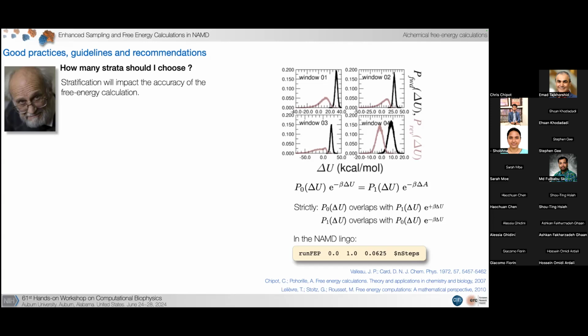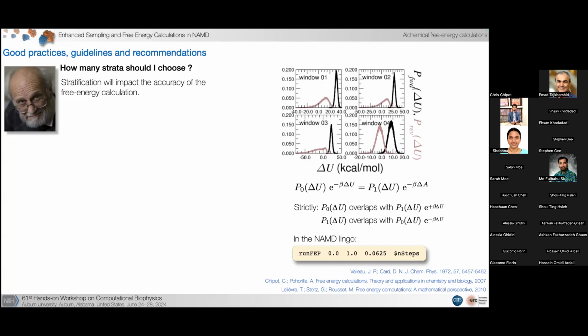So we're using a little script called fep.tcl to drive these free energy perturbation calculations. And you have this keyword runFEP. If you write 0 1 0.0625 n steps, it means that you want to go from lambda equals 0 to lambda equals 1, with increments of delta lambda equals 0.0625.